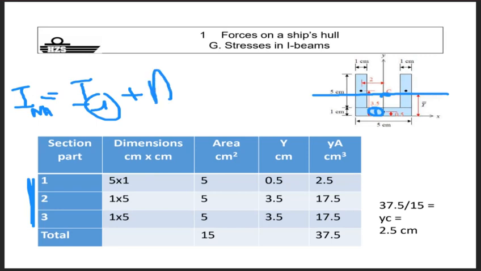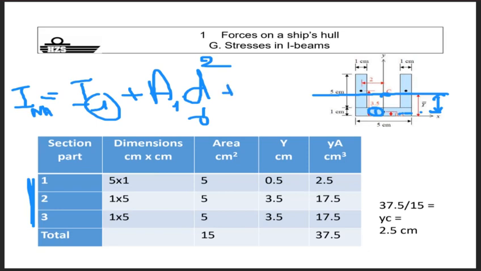The area of element 1 multiplied by the distance from that element's centroid towards the neutral axis, squared. You just calculated y, which is 2.5 centimeters. Half the thickness of this element is 0.5. So it leaves us with 2 centimeters. So this distance is 2 centimeters. And that you do for every element.